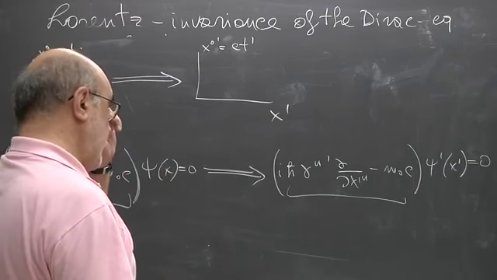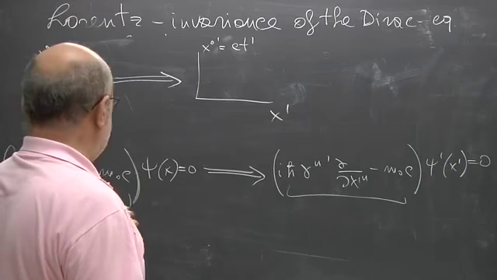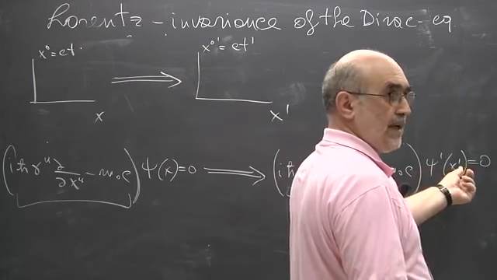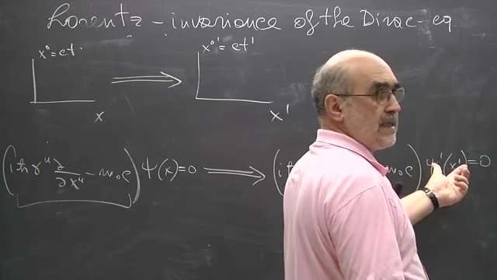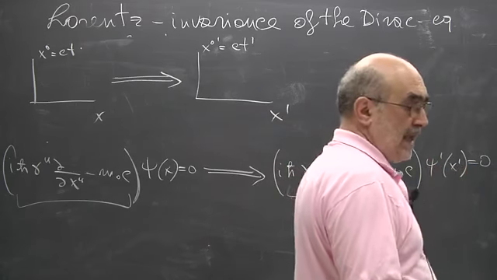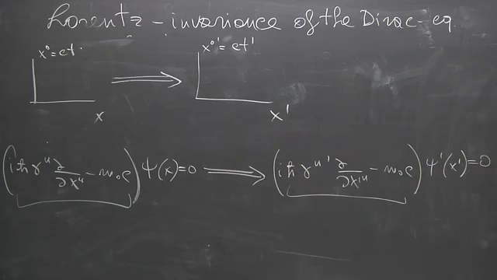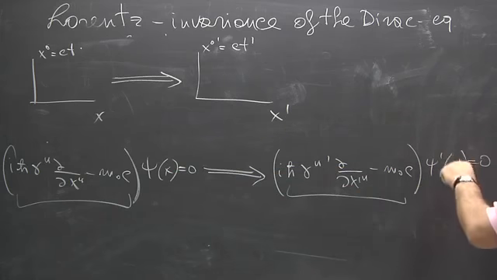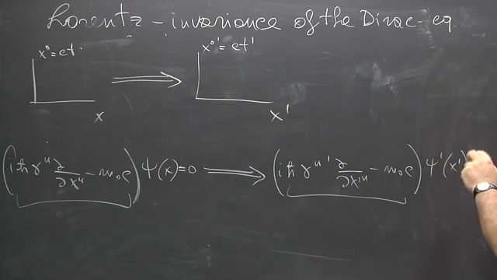Because if it has the same form, modulo we transform the coordinates, the solutions are the same. And that is clearly what must happen. That means if there is an invariance, if the system has this as a symmetry, the Lorentz invariance is a symmetry, then the new solution must be obtained from the old solution by just doing a change in the coordinates, that are the only things that change.